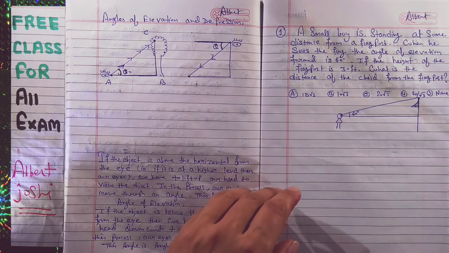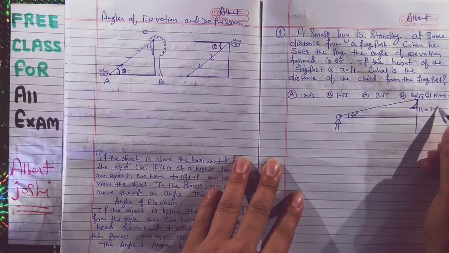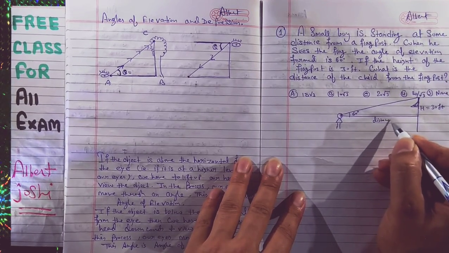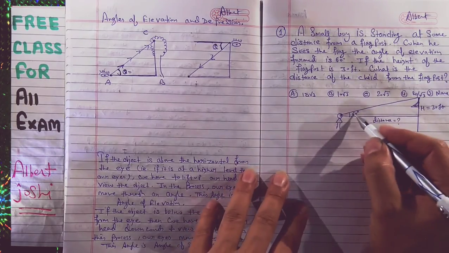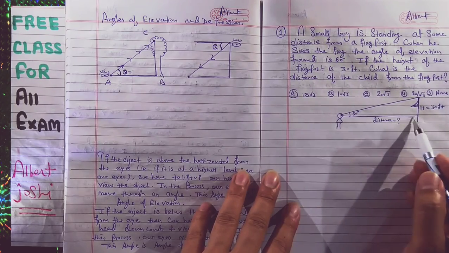Very simple question. This height he has given us is 30 feet, and he is asking the distance. This angle is 60 degrees.